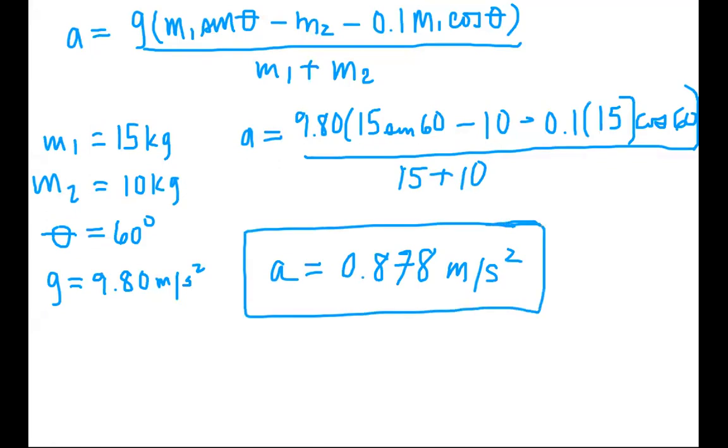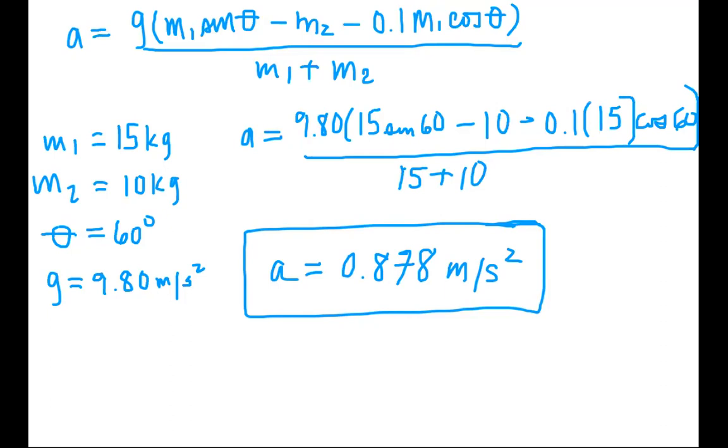Do we have any questions about that? I know the last step was basically just plug it in, but did anyone get lost or need any clarification? Okay, so you're asking why it is cosine and not sine? That cosine value is for the friction.